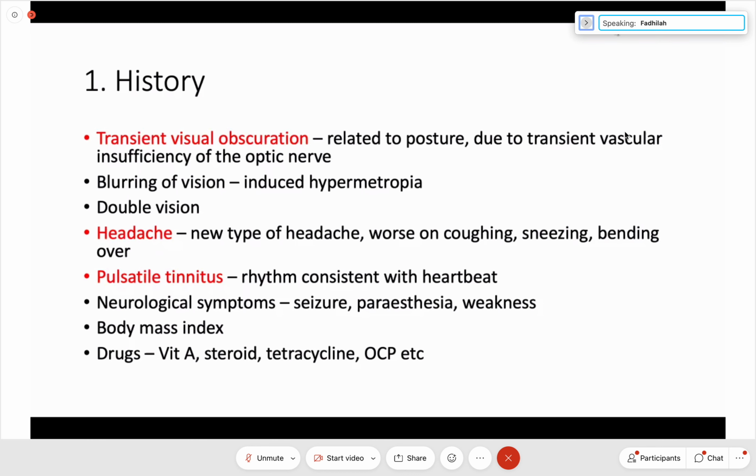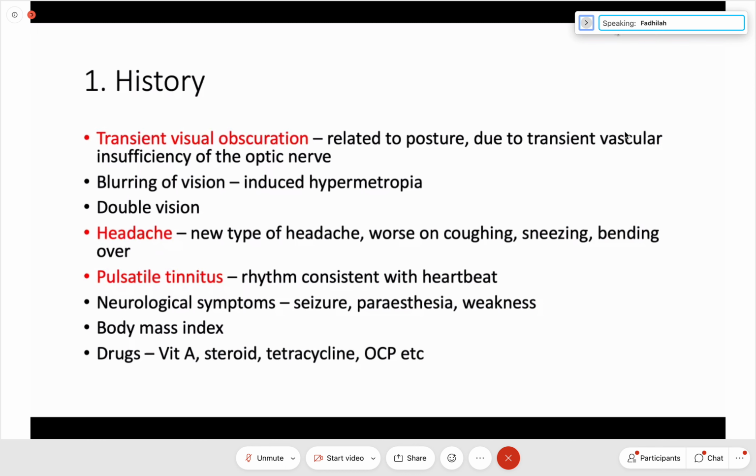So patient would say, sometimes my vision goes down and it will just recover by itself. I do not have to do anything. But some patients would say that it's related to their posture, or maybe for Muslims, when they are praying, when they prostrate, they would say, oh, suddenly it's all dark and it will come back again, right?